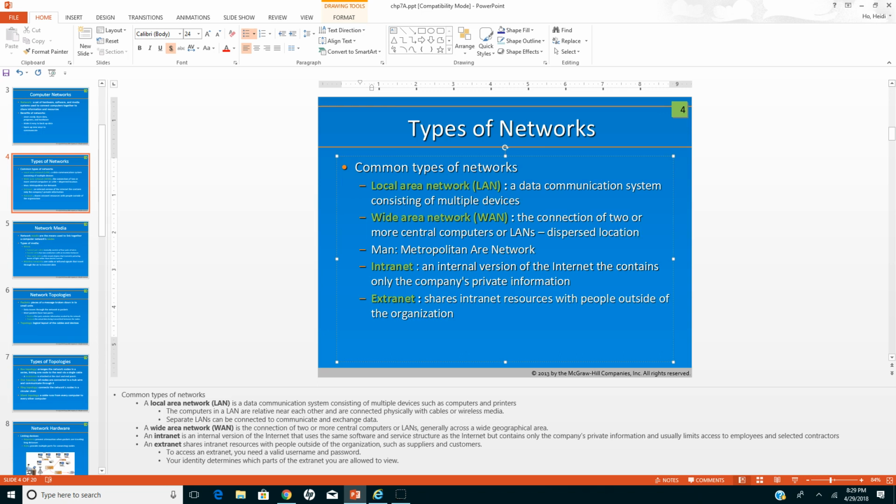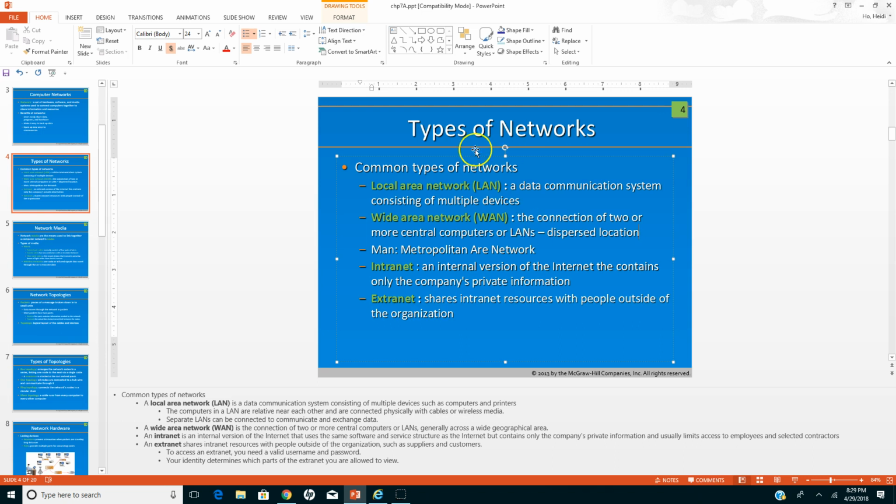Let's say that one of you works in HEB. As you know, we have an HEB in Laredo, an HEB in Rio Grande Valley, and an HEB in San Antonio. When all of these computer networks are connected together, that makes up a wide area network. So wide area network is the connection of two or more computers that are located in dispersed locations.